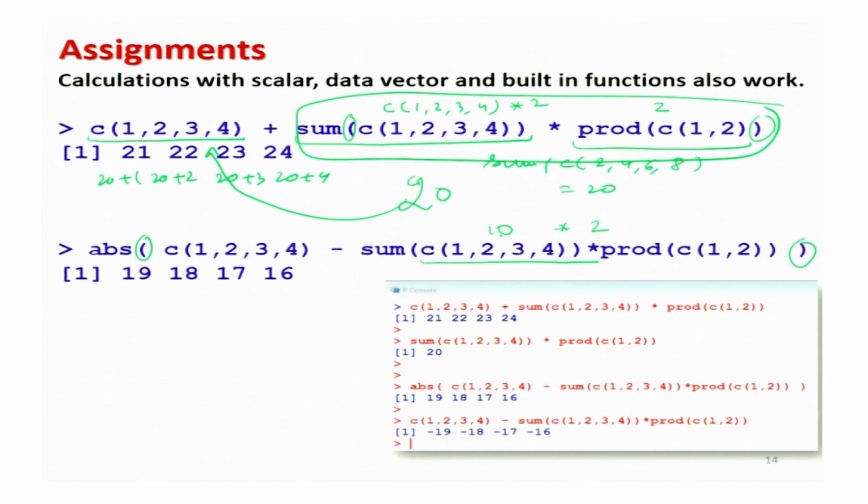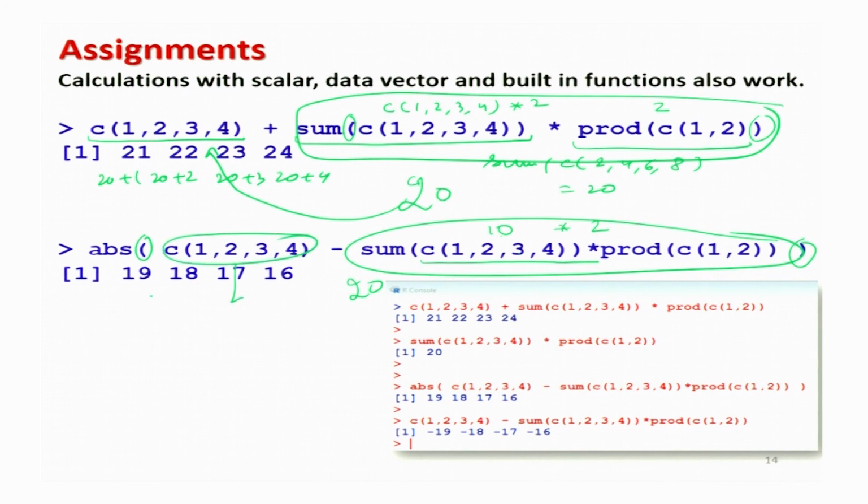So this is 10 into 2, so the whole value is going to be 20, and now this 20 is going to be subtracted from this data vector. So this will become 1 minus 20 is minus 19, 2 minus 20 is minus 18, 3 minus 20 is minus 17, and 4 minus 20 is minus 16, and then you operate the absolute function over this, and this will give you the values 19, 18, 17, 16.